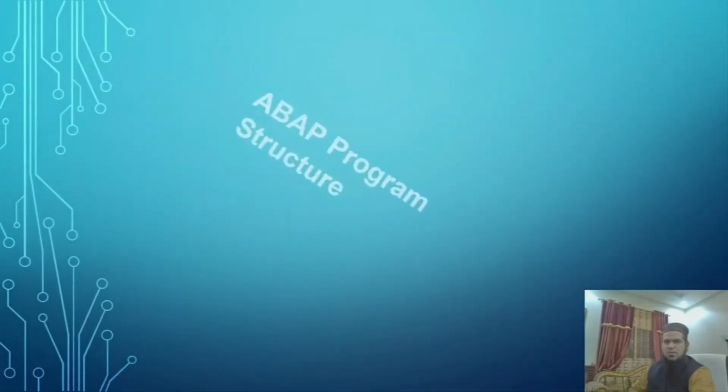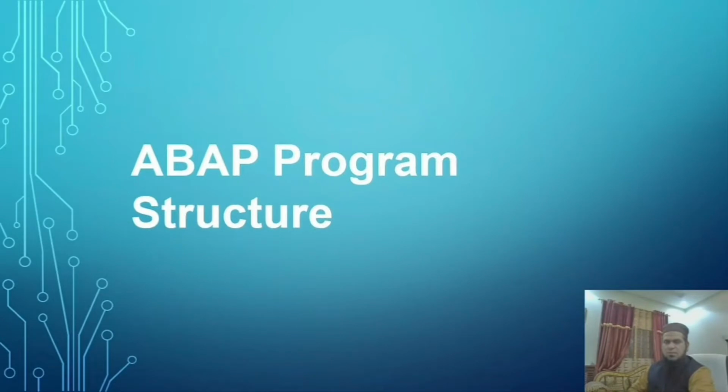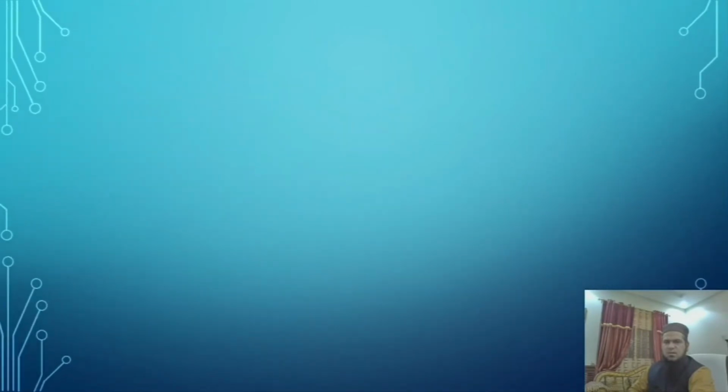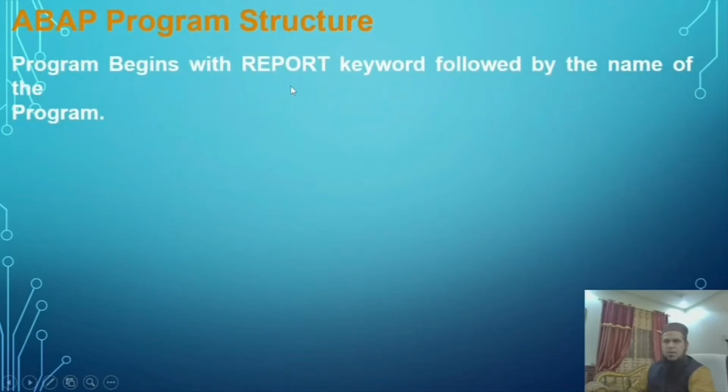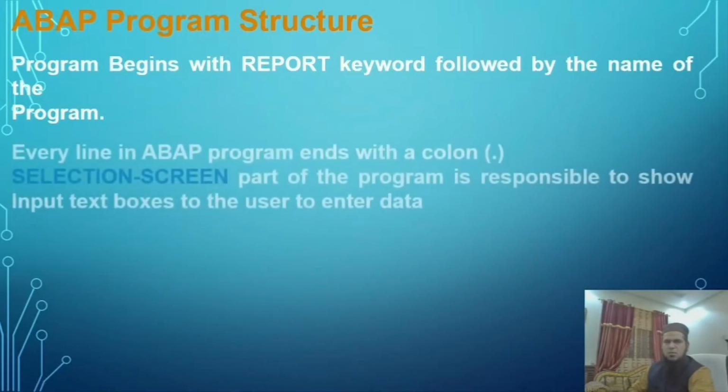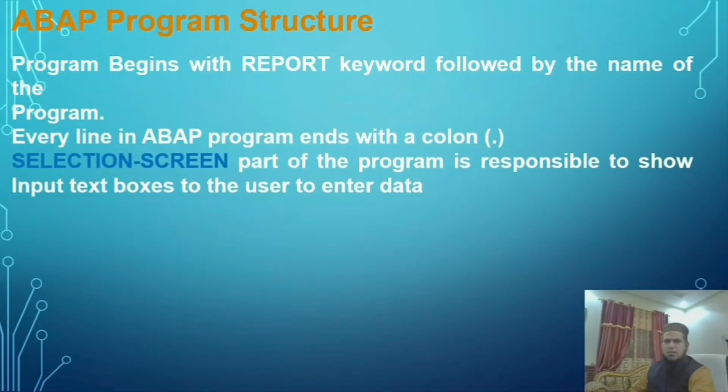Then comes the ABAP program structure. The ABAP program structure basically consists of a keyword in the beginning of the program, that is report. You just write the report and then space, then write the name of the report.